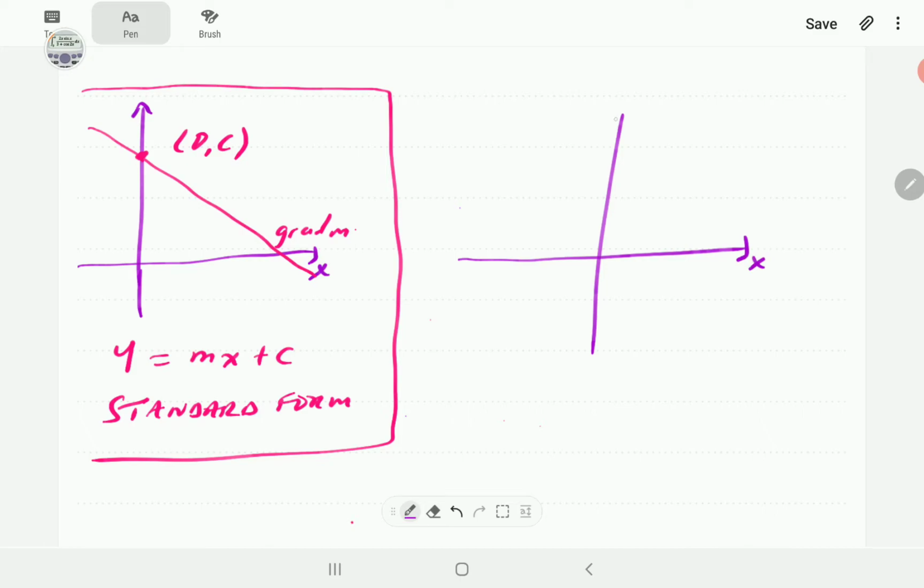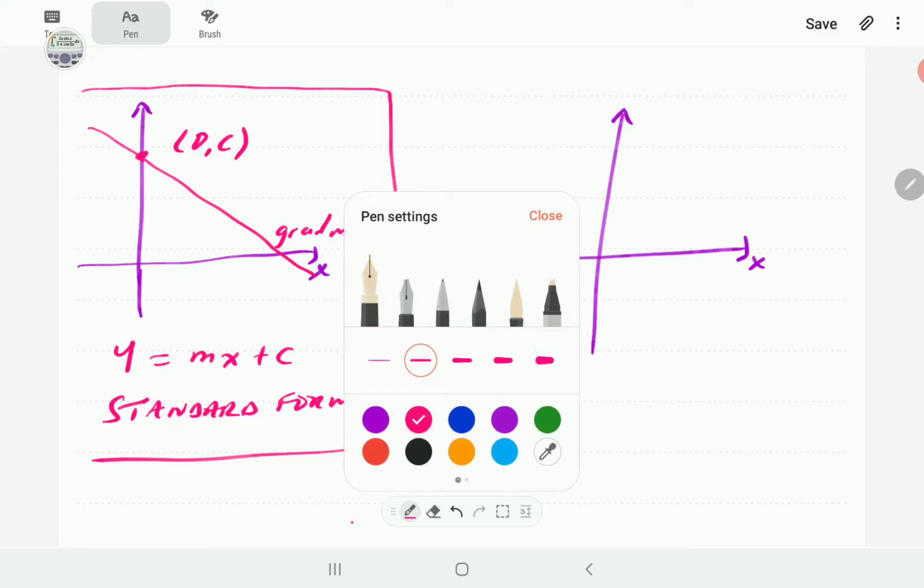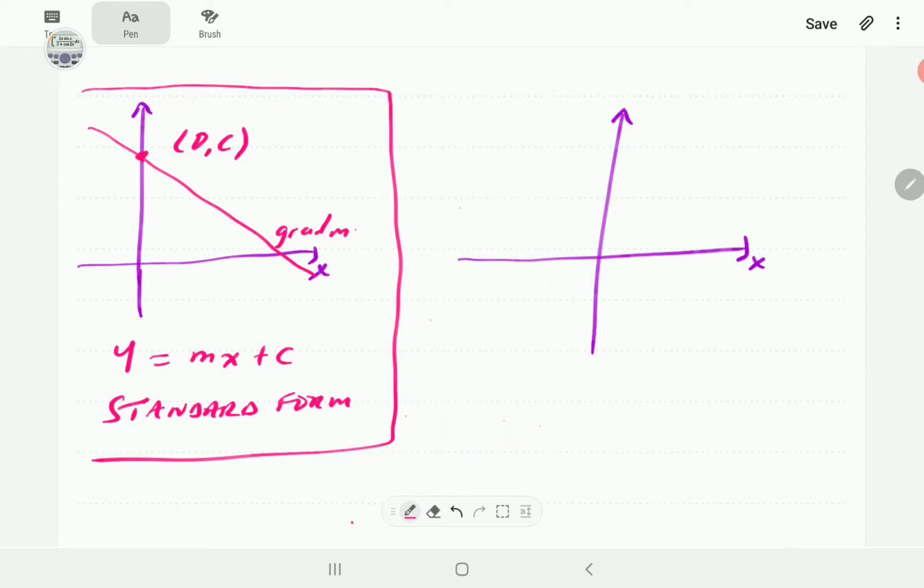Then another form of the equation of a straight line that we talked about, we said this one is called the one point form. So if we know one point through which the straight line goes, and this one point is not necessarily the y-intercept as it was the case here.